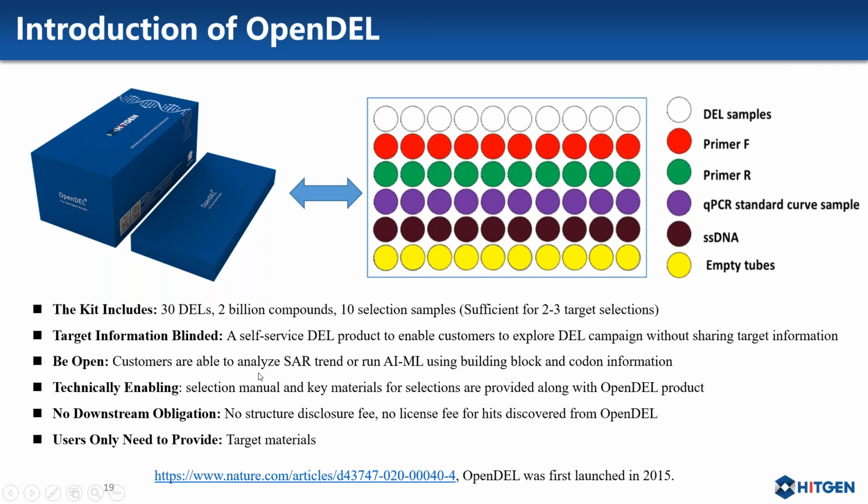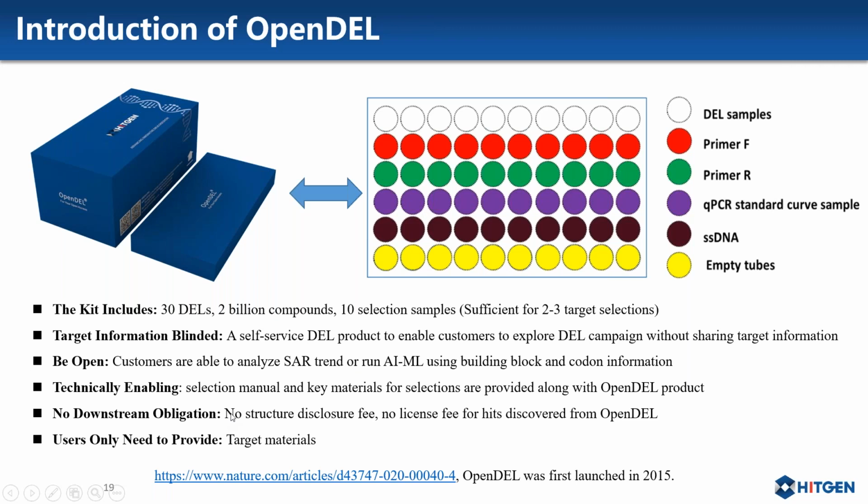Also, importantly, we will disclose all of the DEL information, including the building block information and codon information, to our users. So the customers are able to analyze the structure-activity relationship trend, or run AI machine learning using building block and codon information.